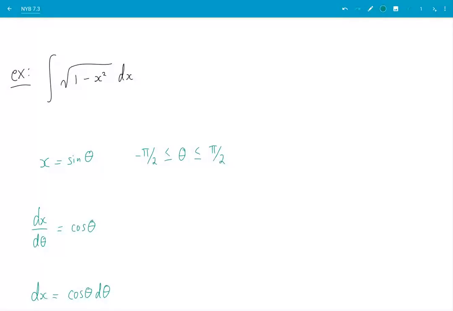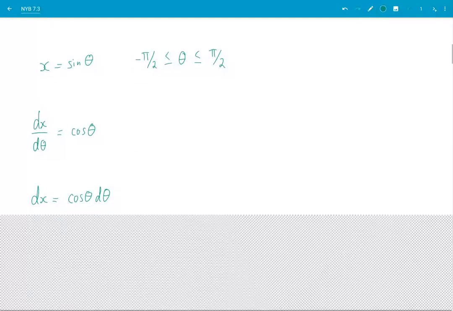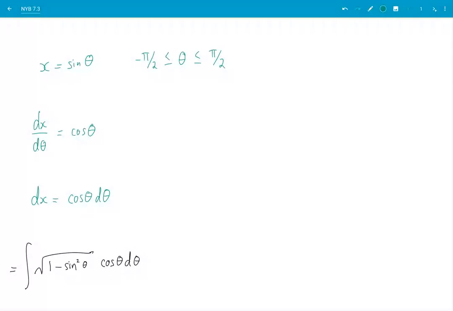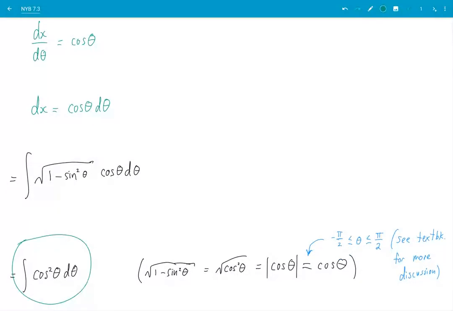Now what we're going to do is our usual substitution idea. You take this and you take this, and you plug it back into your original. And what do you get? You get that. So dx became this, and then my x squared becomes sine squared. Now I'll use the magic of trig identities to reduce this all the way down to just cos squared theta. So pause and copy all this stuff.